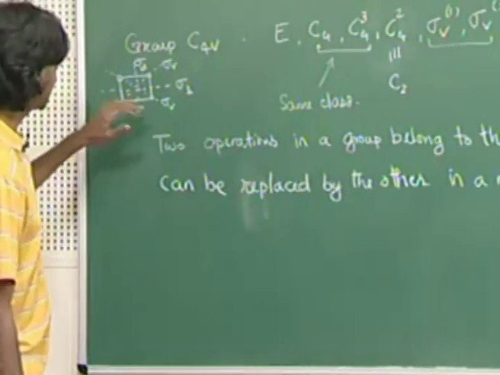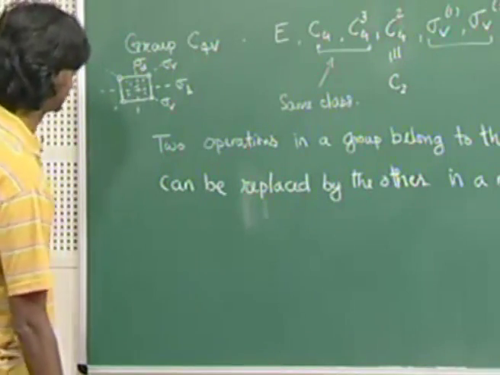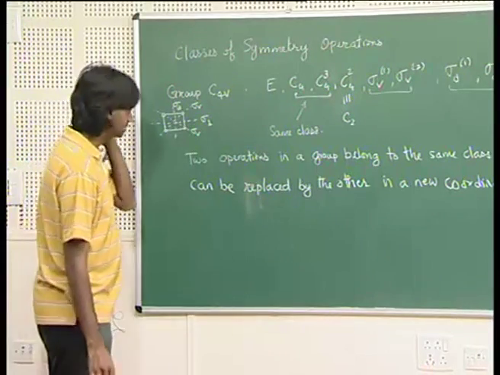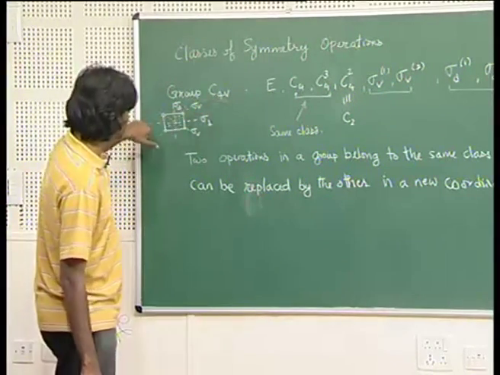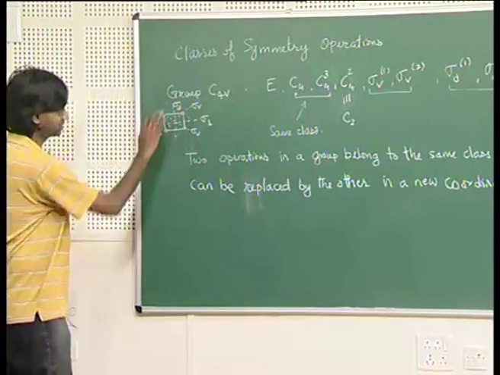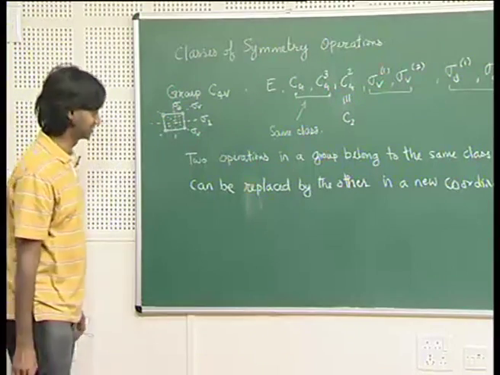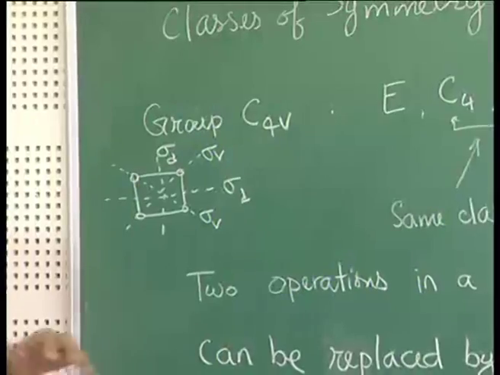So, we have these sigma v's and sigma d's. C4v is not actually for planar molecules, but to illustrate the difference between sigma v and sigma d, I am using this geometry.